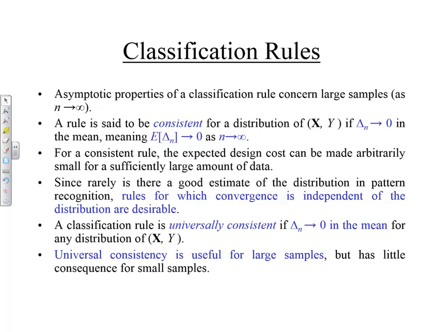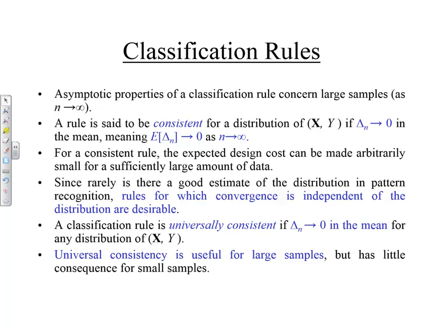For a consistent classification rule, the expected design cost can be made arbitrarily small for a sufficiently large amount of data. Since rarely is there a good estimate of the distribution in pattern recognition, rules for which convergence is independent of the distribution are desirable. A classification rule is said to be universally consistent if delta n goes to 0 in the mean no matter what the distribution of the feature-label pair.